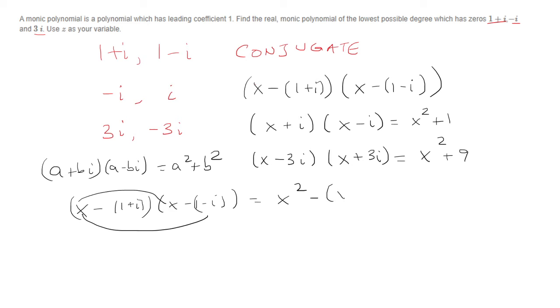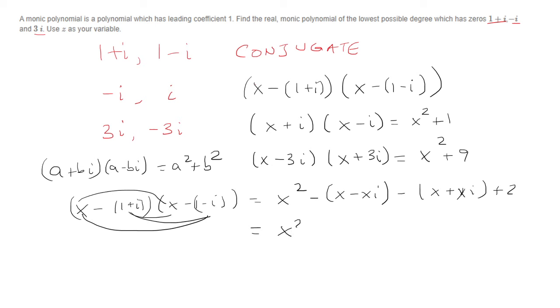So it'll be x minus xi. Now inside, we can have the negative outside, and then x distributing both 1 and the i. And then finally, the last one, the two negatives going to be positive, and then this will just be 2. And the reason it's 2 is because of what we set up here. 1 plus i times 1 minus i is of the form a squared plus b squared for the answer. So that's 1 plus 1 is 2.